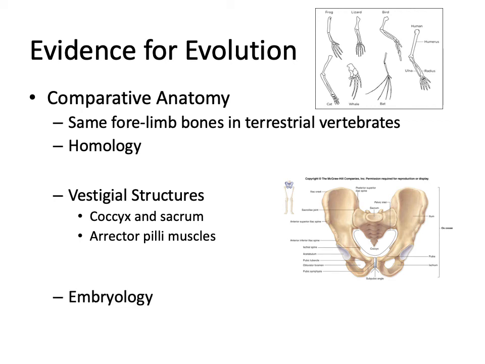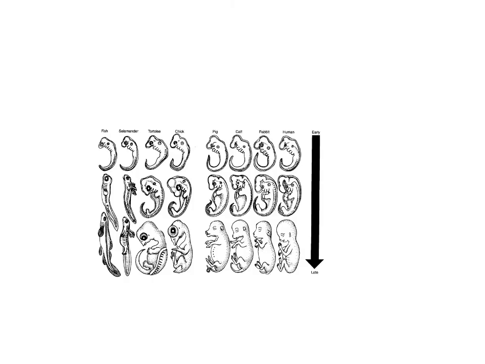Similarly, we can look at embryology. How have embryos developed over time? How do embryos compare between different species? And the more similar the embryos are, the more recent the common ancestor. And if you look at these embryos, the earliest stages, they all look exactly the same.